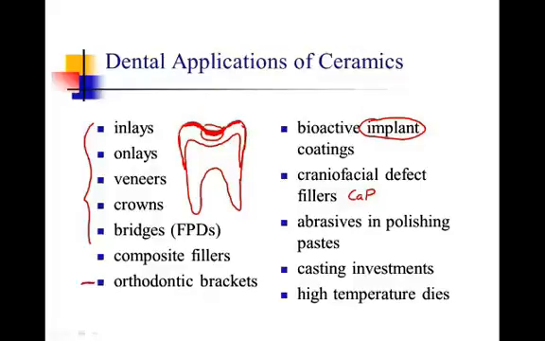Then that bone can be augmented by a ceramic material, which in some cases can be resorbed and turned into natural bone over time. And another application would be if the patient needs a tumor removed from their jawbone, and that leaves an empty space that can then be filled in with ceramic material.